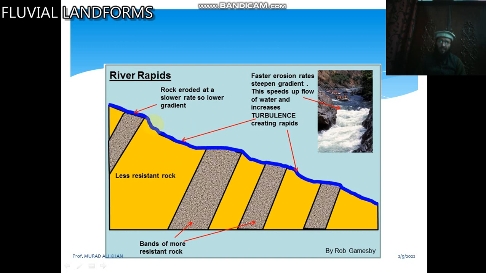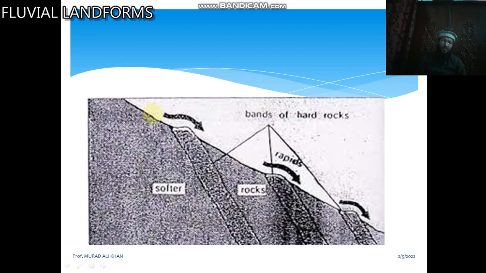Now the water can erode these rocks, but erosion over here is a bit difficult. Therefore, step-like features are formed in the upper areas where the slope is more. Over there, these smaller waterfalls are known as rapids. Once again, you can see this is a symmetrical formation of rapids.